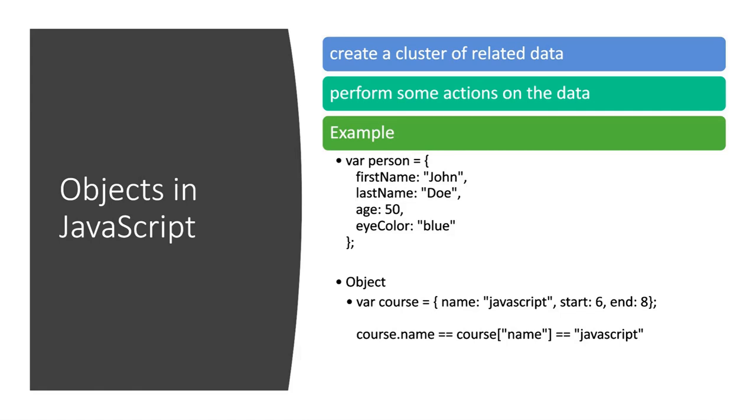This will give the result as JavaScript. Or we can use course within square brackets and specify the key which we are looking for. Here in the example, we have written course, within the square brackets we have given the key as name. So the value we get is JavaScript.